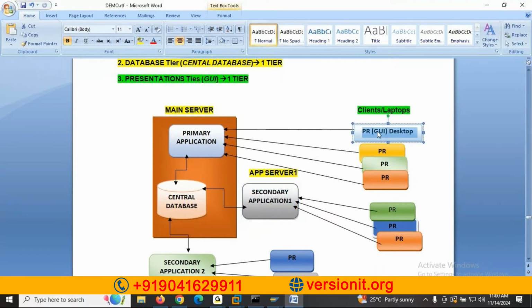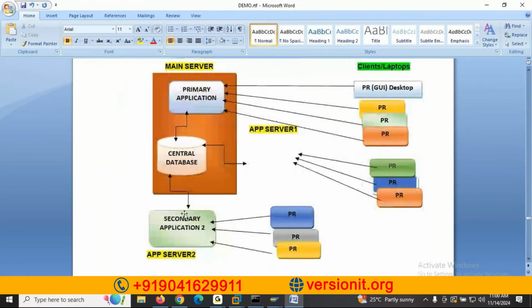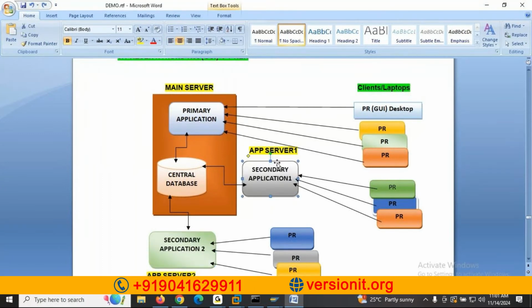A GUI can connect to the primary as well as the secondary. We won't have secondary applications if there is no big load on the system. Secondary applications are only to balance the load. If not, the primary would do.